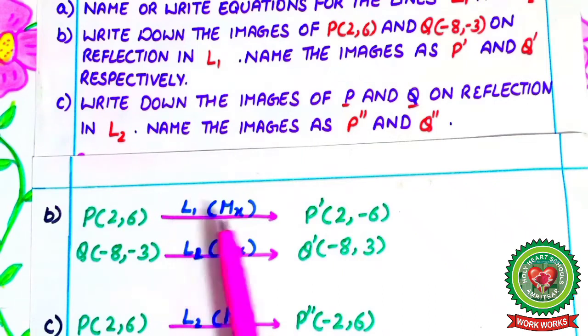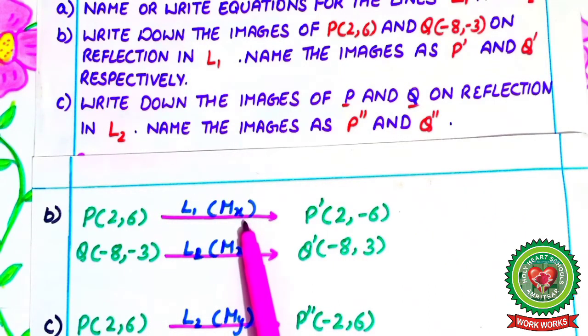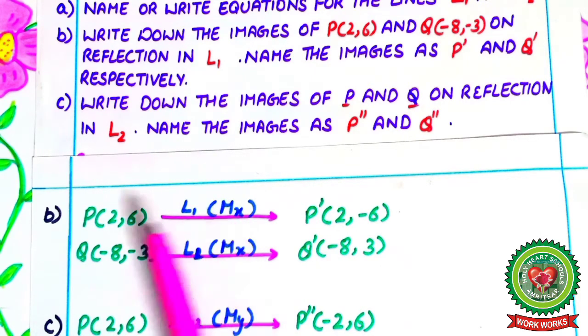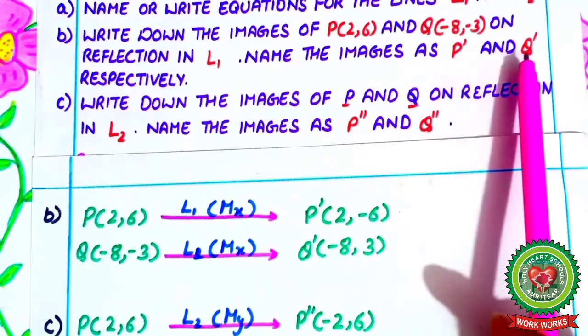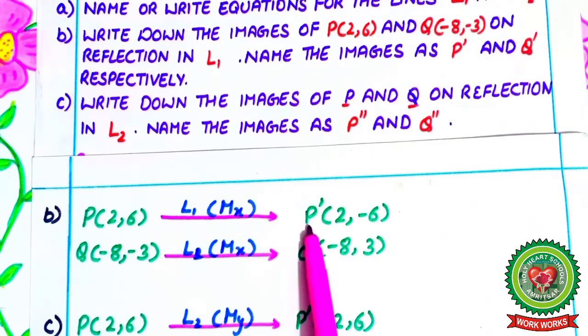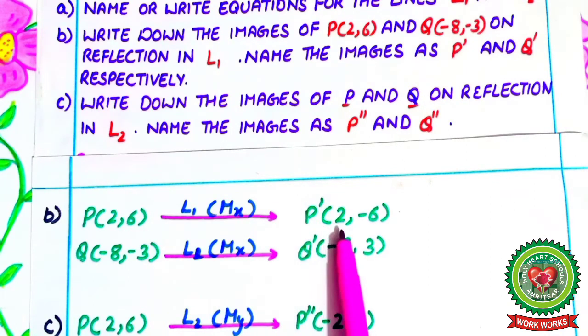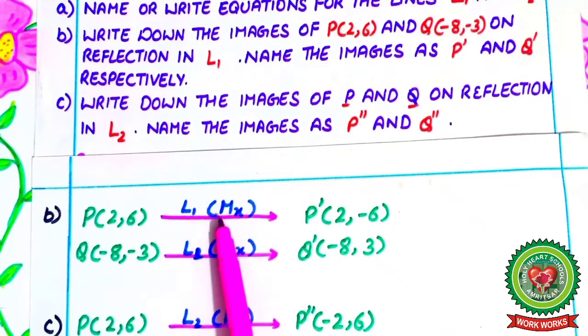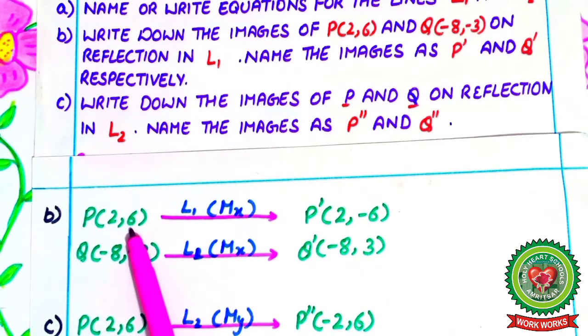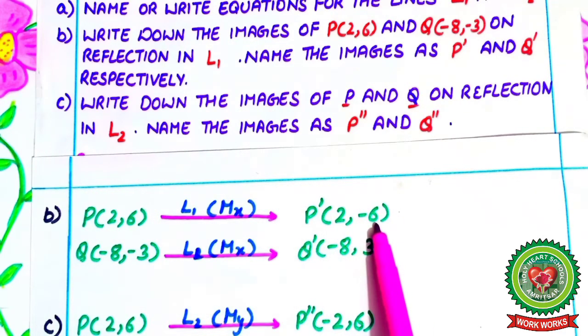L1 means reflection in the x-axis, as we have already done in the first part. After reflection in the x-axis, P dash coordinates are (2, -6), because after reflection in the x-axis, the sign of the ordinate will change. So plus 6 will change into minus 6.